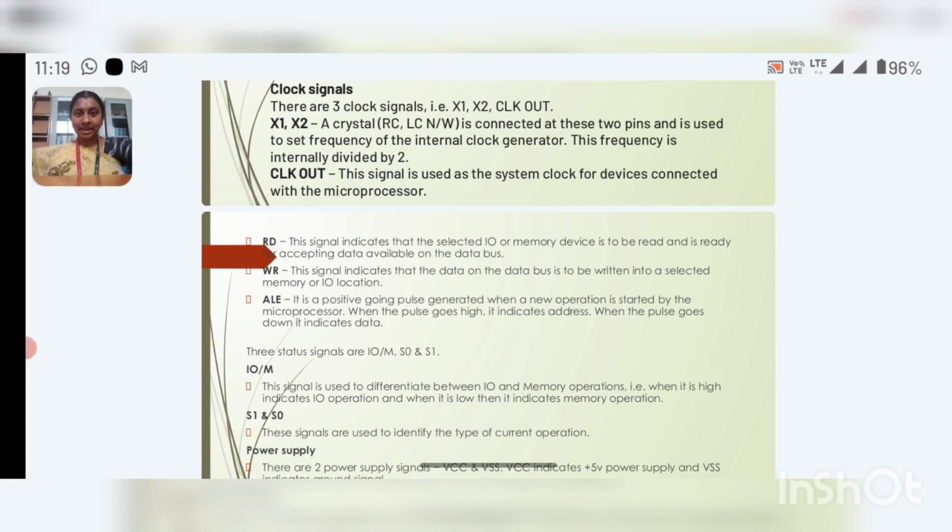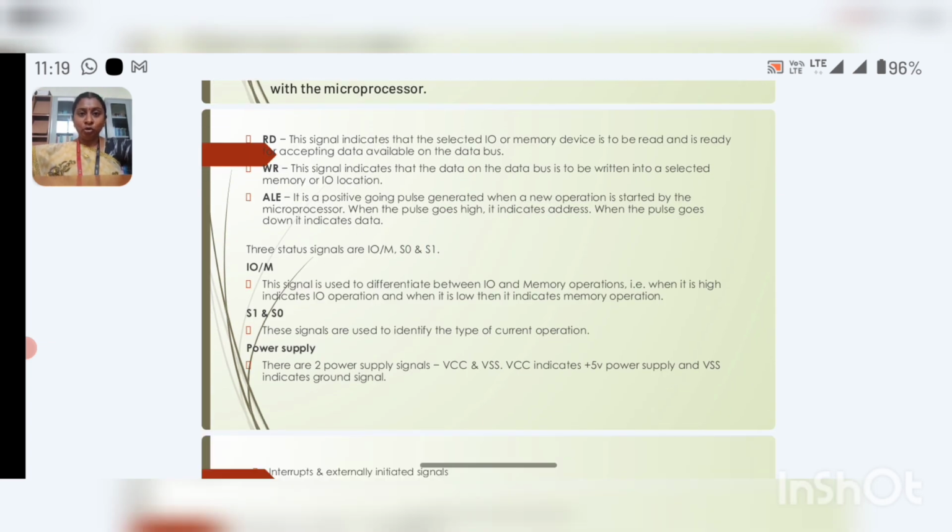Then there are three status signals, that is IO/M, S0 and S1. This signal is used to differentiate between the input/output and the memory operations. S0 and S1 are mainly used to identify which type of operation it is. Next, I said VSS and VCC are the two power supply signals used here.